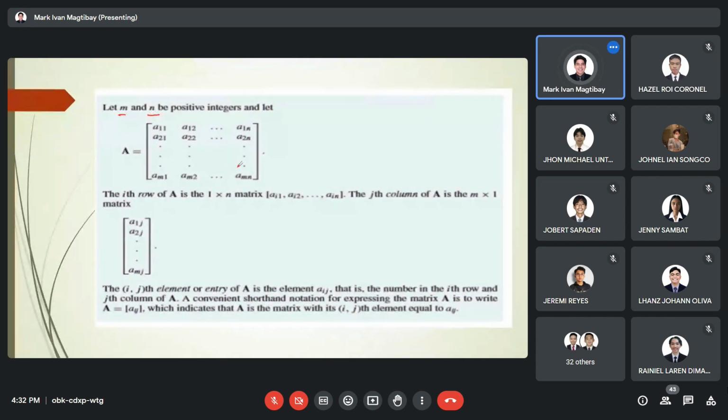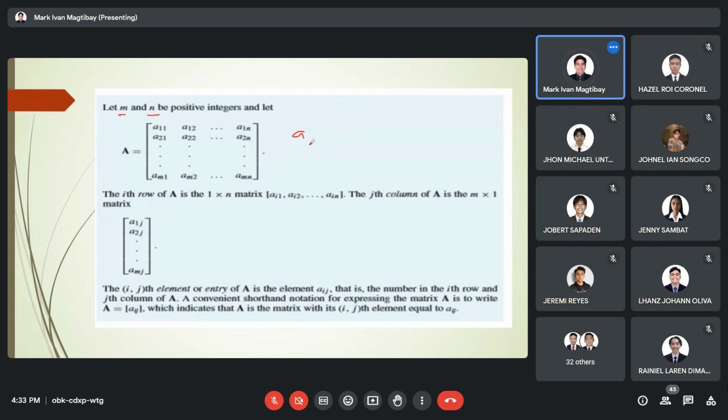let n po be positive integers and let matrix A be like this po. So meaning to say, ang pagpapangalan po natin dito ng mga elements natin is a letter na ipapangalan natin sa kanila, kung A, B, C man yan, basta small case letter po.